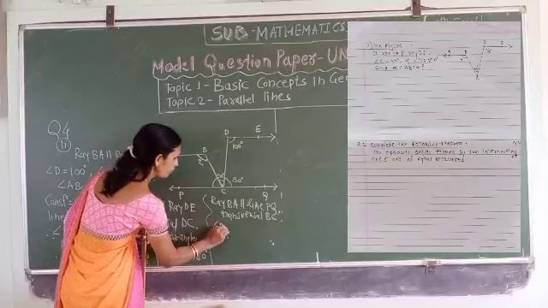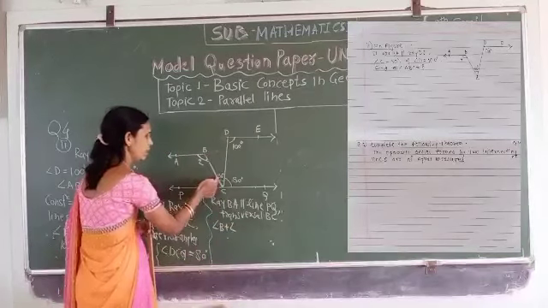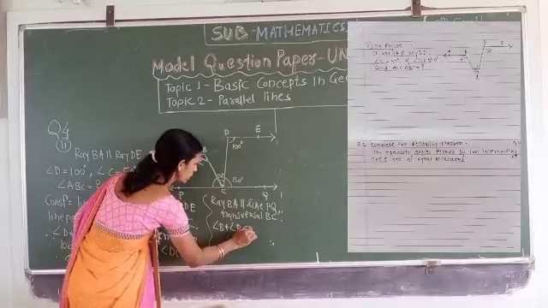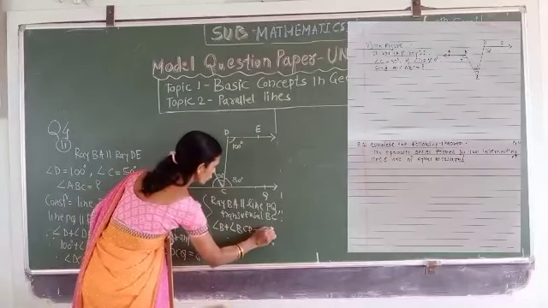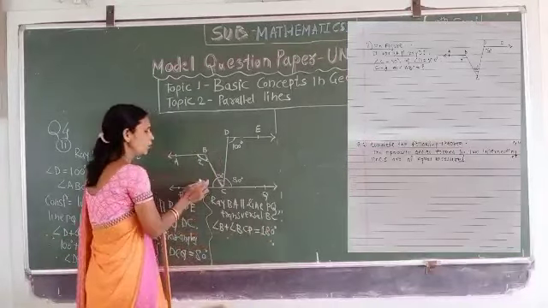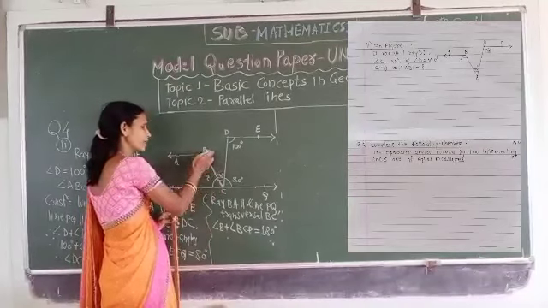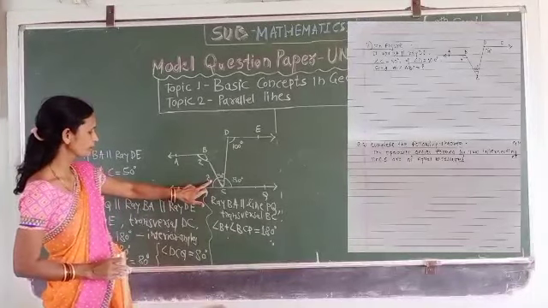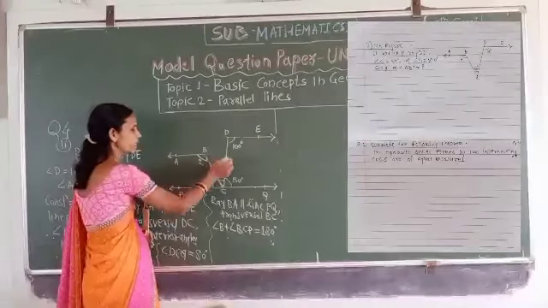Therefore, here angle B plus angle BCP is equal to 180 degree. But we don't know the measurement of angle BCP, but we can find out that angle using that.